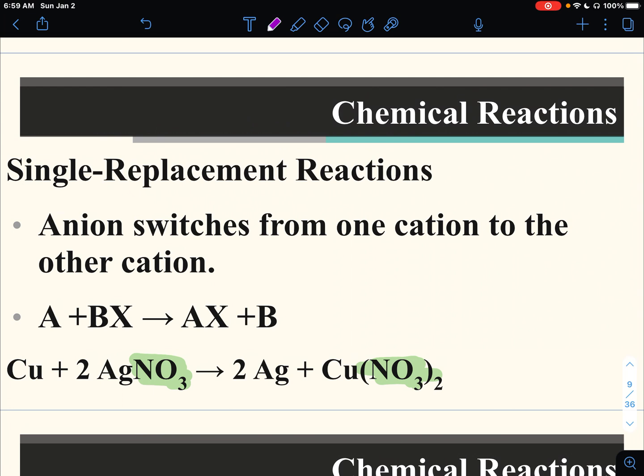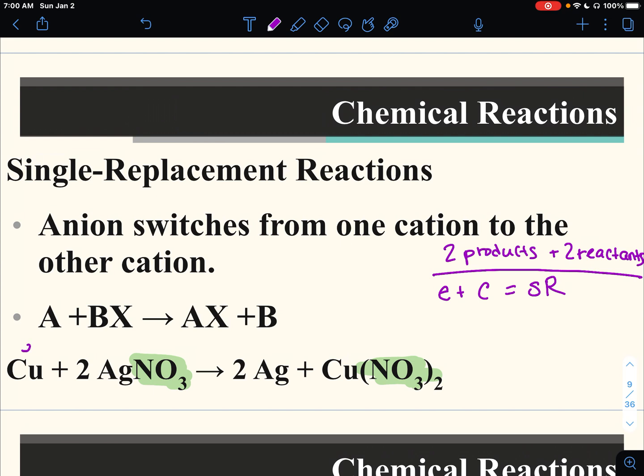Okay, so if you have 2 products and 2 reactants, if you have an element and a compound, it's single replacement. So if you see here, this is an element because it has 1 capital letter. This one has multiple capital letters, so it's a compound. And it doesn't matter what order they would be in. If it was compound plus element, it would still be single replacement.